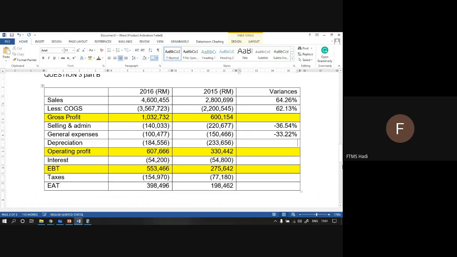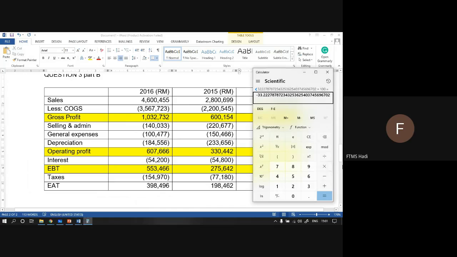The next, depreciation: negative 184,556 minus negative 233,656, divided by negative 233,656, multiplied by 100, negative 21.01%.